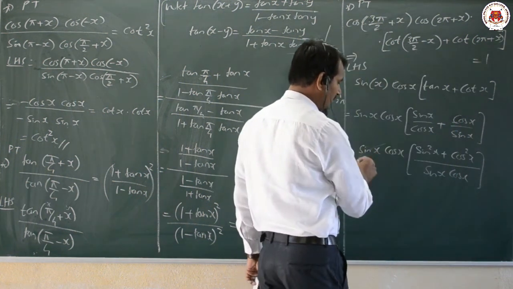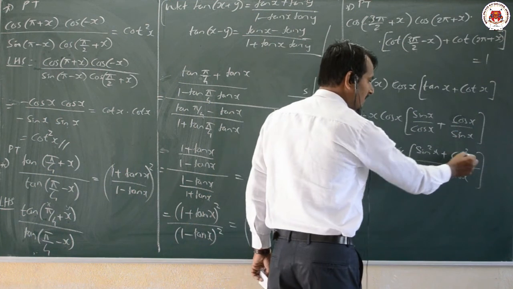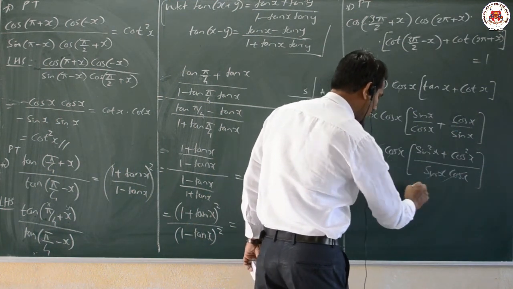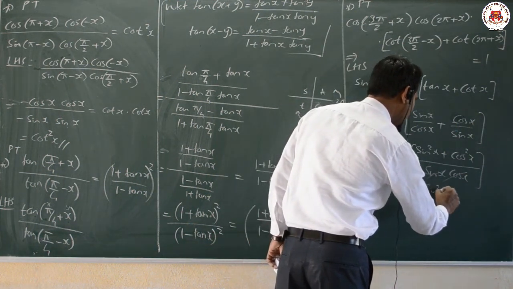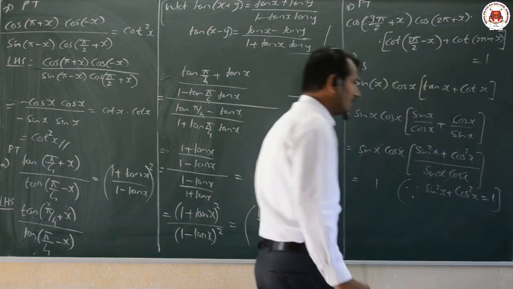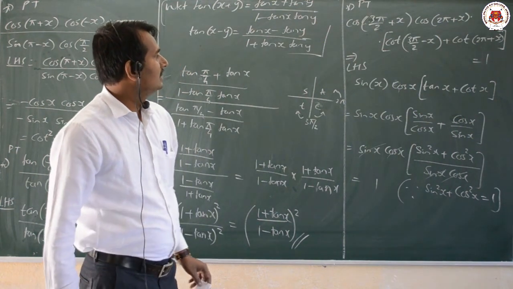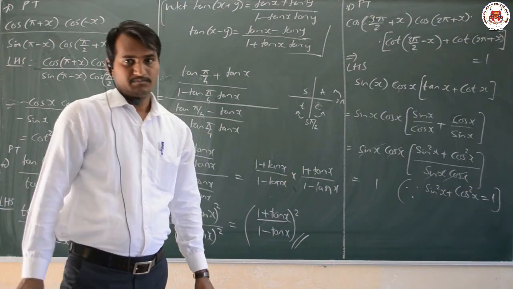Now we can observe that sin x cos x get eliminated, and sin square plus cos square value is 1 here, because sin square x plus cos square x is 1, that is nothing but our trigonometric identity. Okay, dear students, these problems are all very simple.